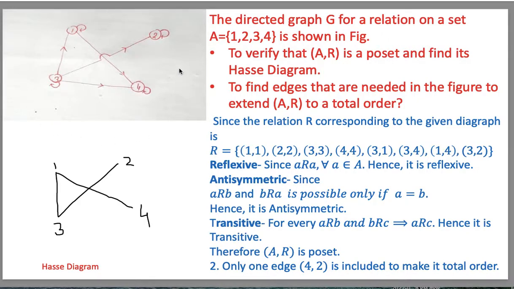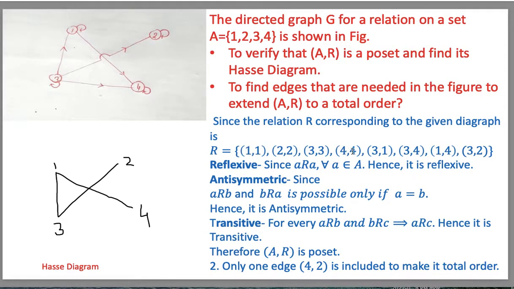So this is the given digraph. So the corresponding relation is 1 related to 1, 2 related to 2, 3 related to 3, 4 related to 4, 3 related to 1, 3 related to 4, 1 related to 4 and 3 related to 2.